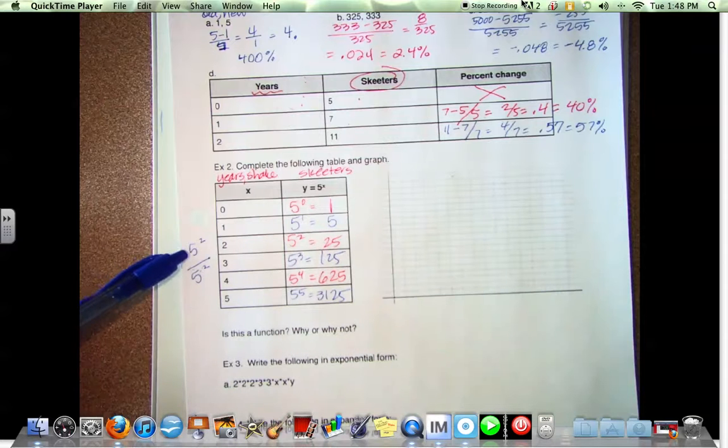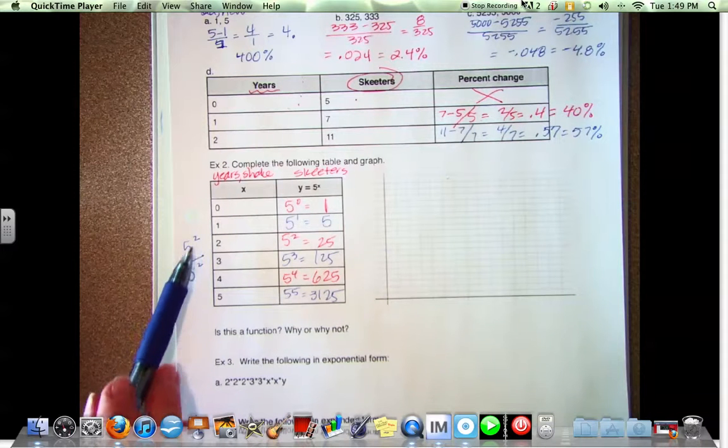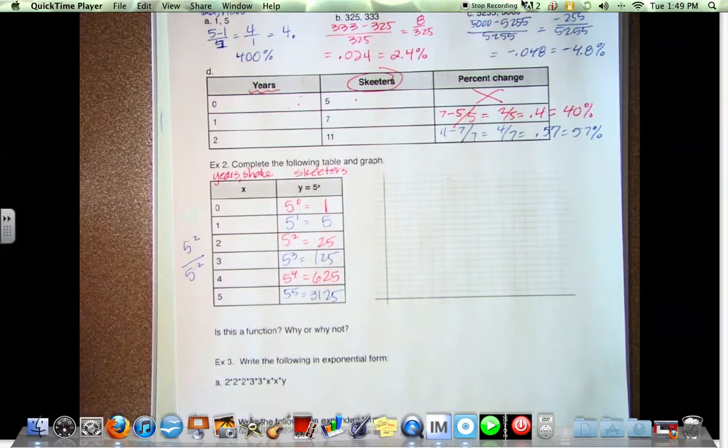And this is the same thing as 5 to the 0 power. You'll actually get into the rules of exponents next year in Algebra 2. But that is why anything raised to the 0 power is 1: it's taking something raised to a power and dividing it by that same something raised to the same power, and it simplifies to 1.